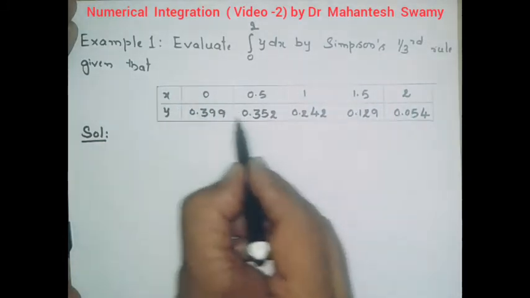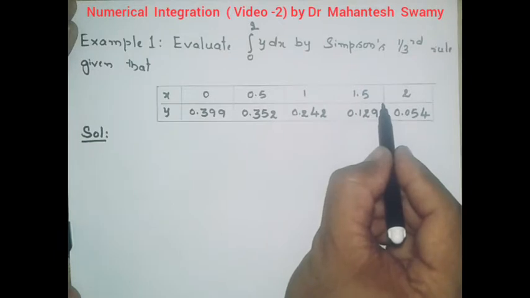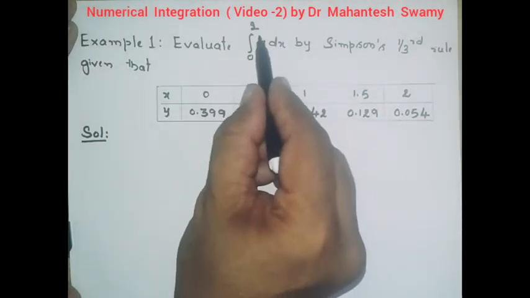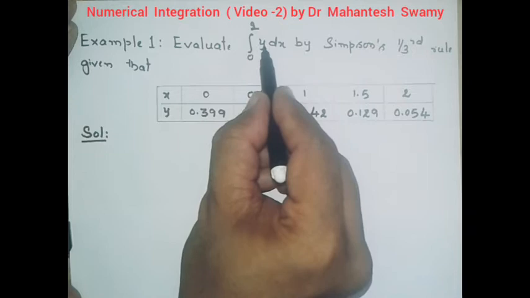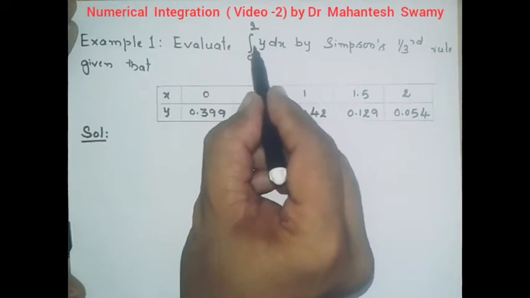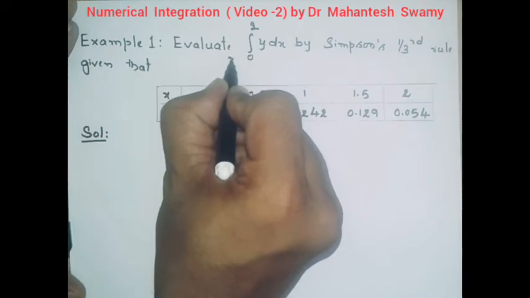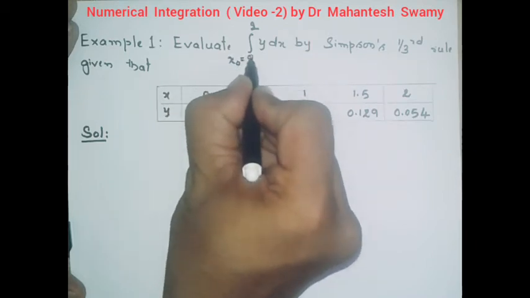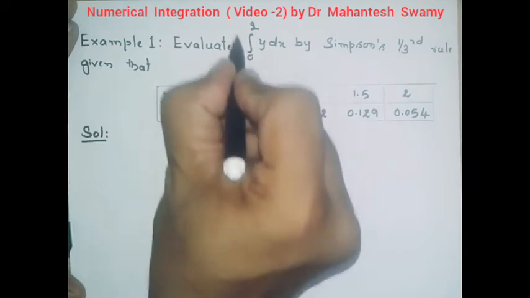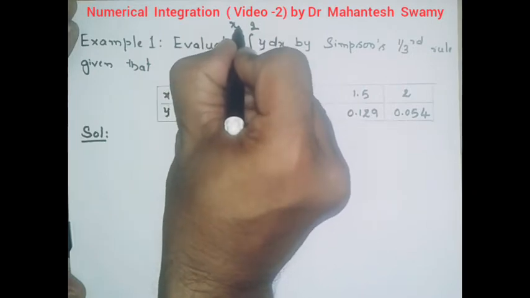So we shall use this table to evaluate the given definite integral. From this we come to know that x0 in this problem is 0, that is, the lower limit is x0, the upper limit is xn.